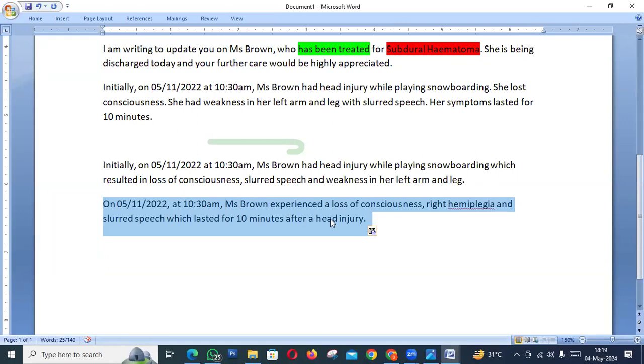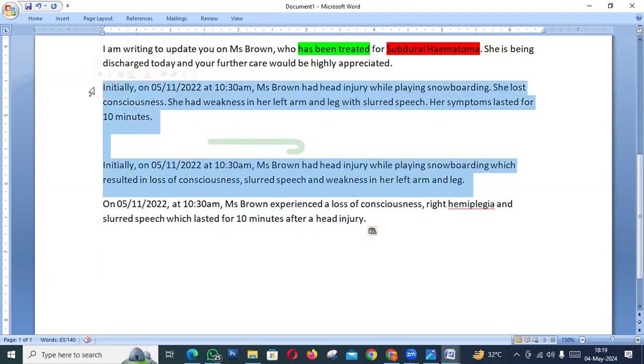And after a head injury, I'm using head injury at the end. That is concise and clear, sir. So you can see how the things change and then your score changes. And more minimized here. More concise.